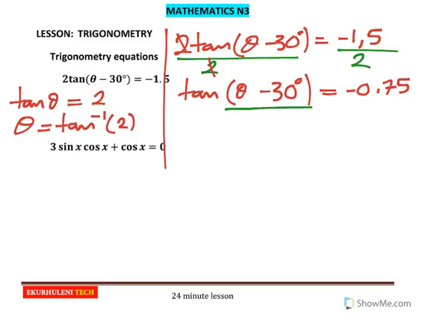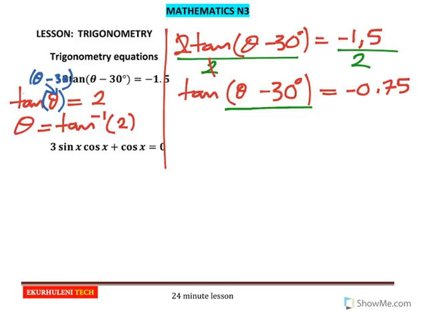You understand? Whatever is inside here is arc tan 2. So I can actually put brackets like this and say theta is equal to arc tan 2. Or I can let my theta here become theta minus 30. It's inside the brackets. If this is now inside the bracket, it will still be theta minus 30 is equal to arc tan 2.